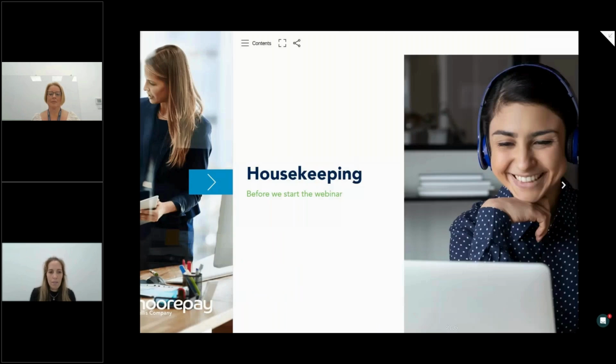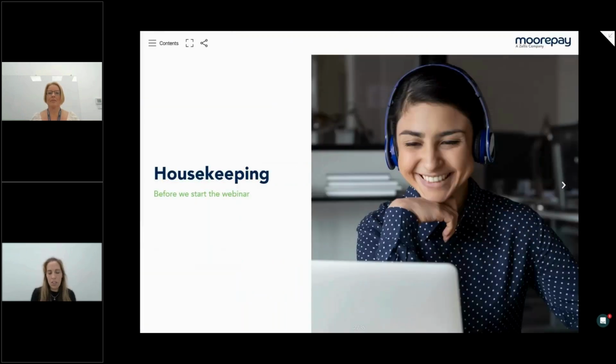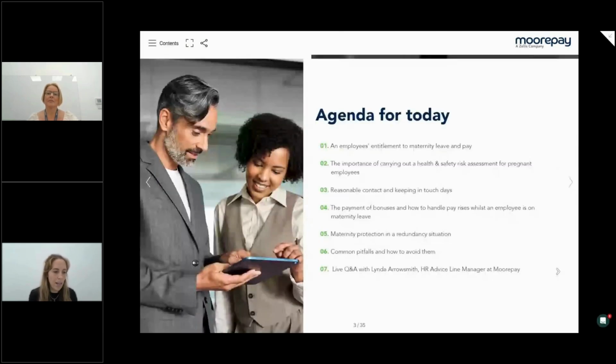We'll begin with some housekeeping. We have got a lot to cover today, so I'll keep this quite short. In terms of the agenda for this morning, Linda will start off by taking you through an employee's entitlement to maternity leave and pay. She'll then cover the importance of carrying out a health and safety risk assessment for pregnant employees, and she'll also discuss reasonable contact and keeping in touch days.